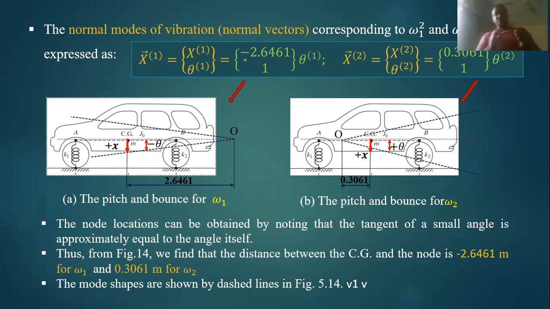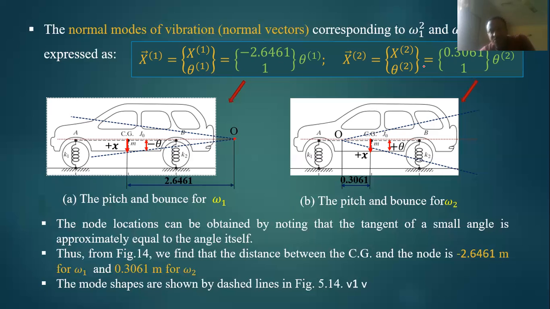The node point, or the point of vibration, is behind the CG by 2.6461. If we consider meters, it can be meters. So the node point is somewhere here, which is 2.6461 behind, for theta of minus 1 degree. So this is the representation.